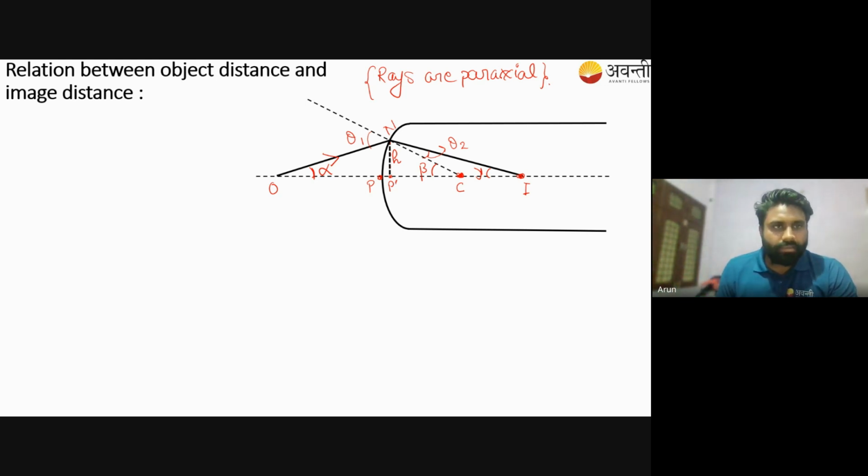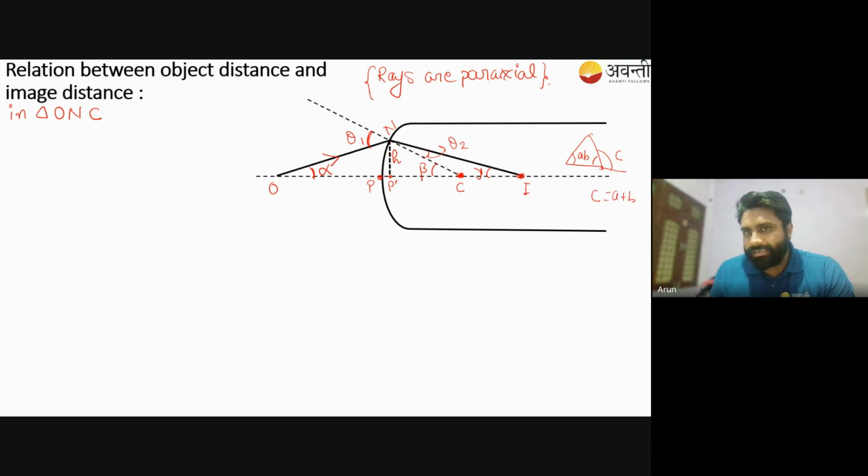So in triangle ONC, this is the triangle, O to N, N to C. In this triangle, theta1 behaves as an exterior angle, and you know that in a triangle, if these are the angles, say A and B, and this is the exterior angle C, then the exterior angle is the sum of the internal angles.